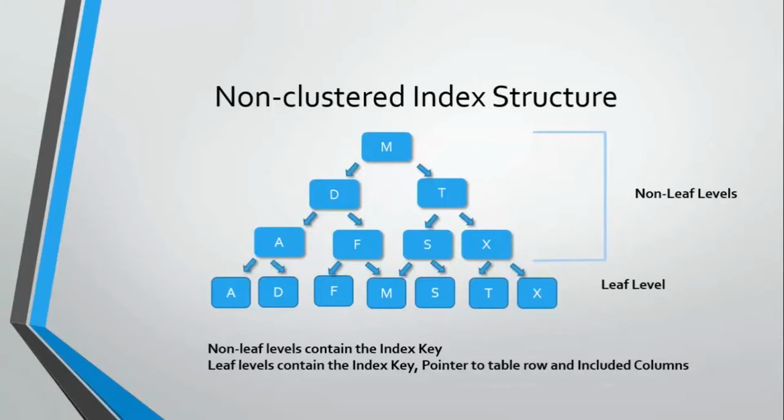I missed one thing when I was talking about clustered indexes. I mentioned it's good if they're unique. If your cluster key is not based on a primary key or the clustered index definition doesn't have the word unique in it, SQL will add what's called a uniqueifier to that clustered index to make it unique.